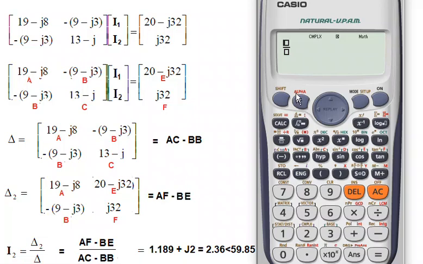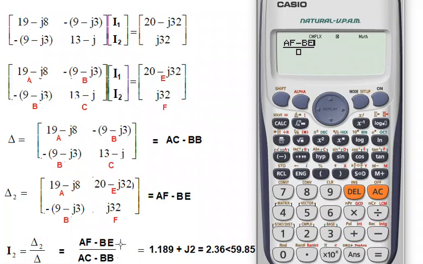So anyway, now we need to put A. Since these are all in red, we have to press this red button, that is the alpha button. So to put A, I press alpha and then A. So A is there, and then AF, this top one is F. So alpha F, minus BE, again red button B, red button E. So the numerator is complete.